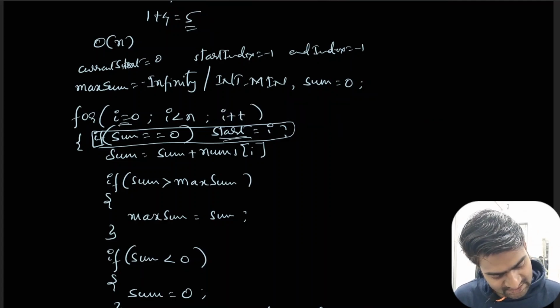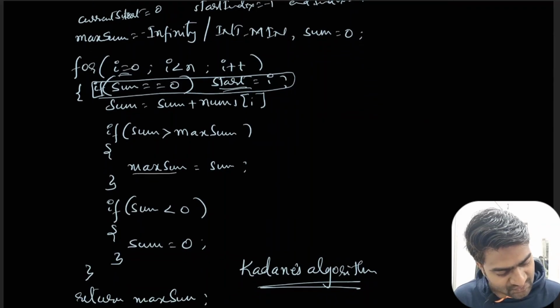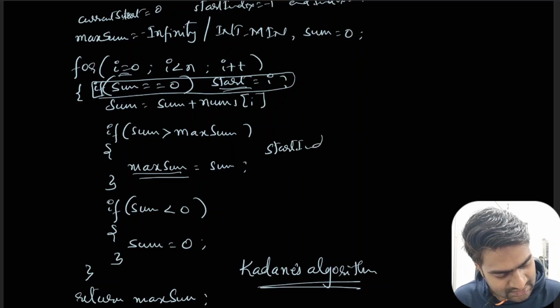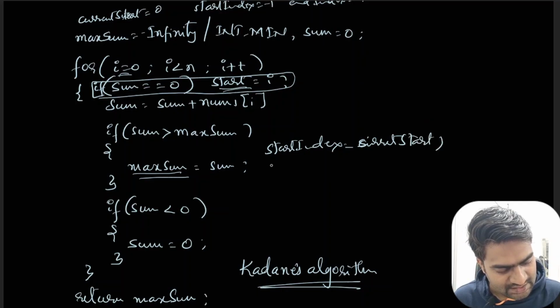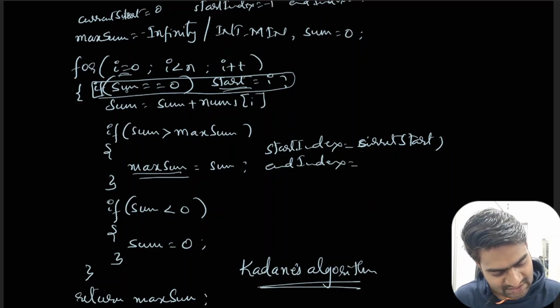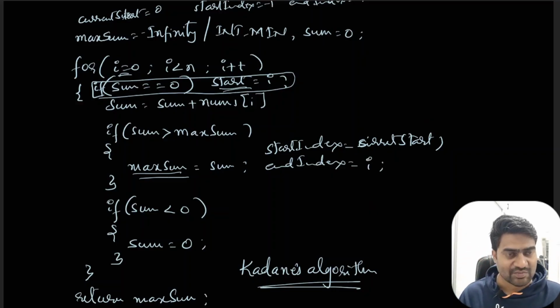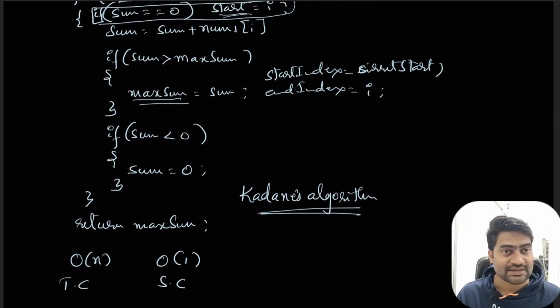Now whenever we find our maximum sum, we will update start index equal to our current start, and end index will be this particular i, because that's where we found the maximum sum. This way we will get the start index and end index of the subarray which gives the maximum sum.